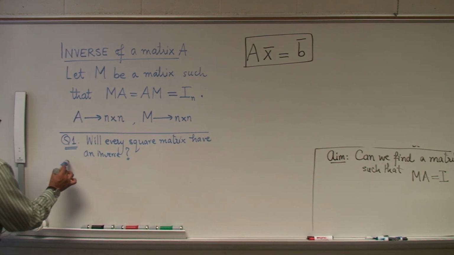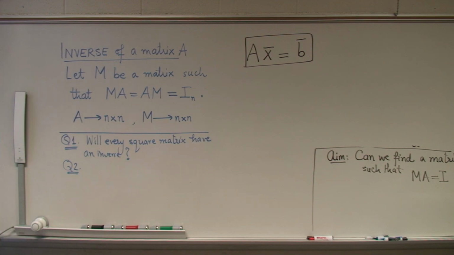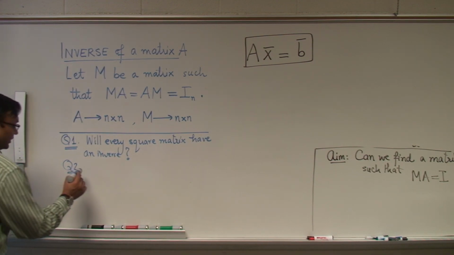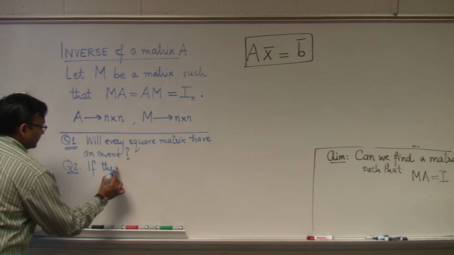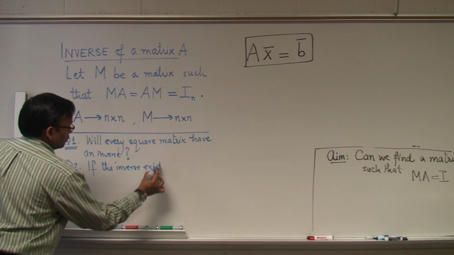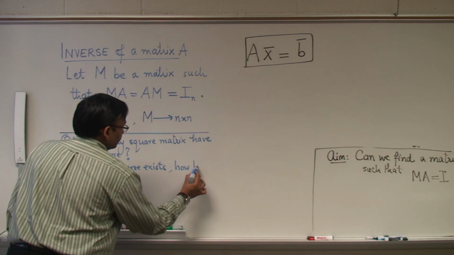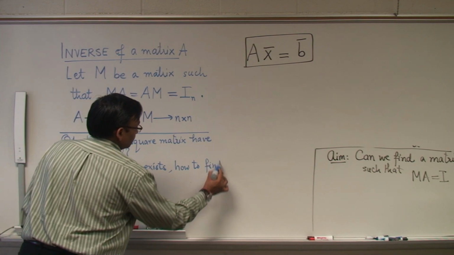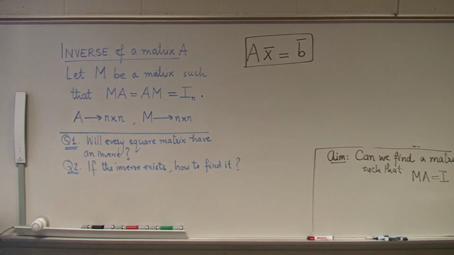Second question we would want to ask is, see, asking important questions is very good for mathematics or understanding of it. So if the inverse exists, how to find it? Do we have a procedure by which we can find the inverse?